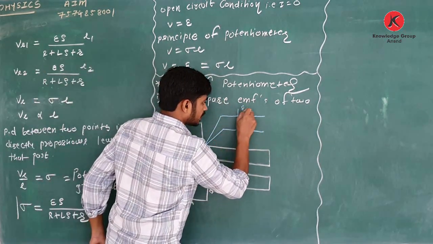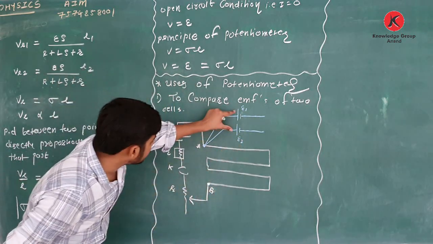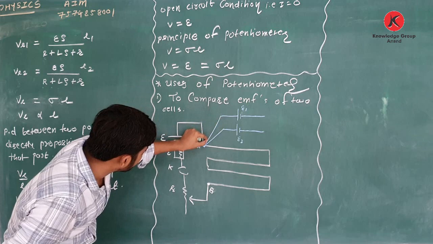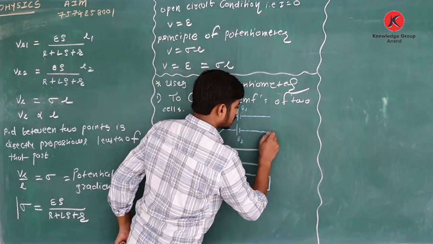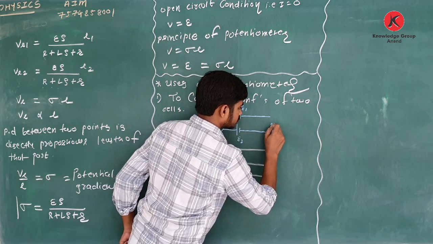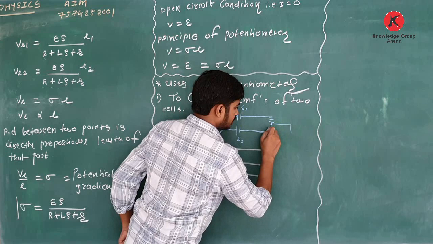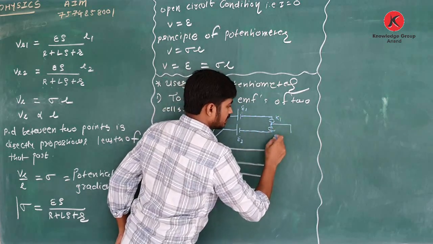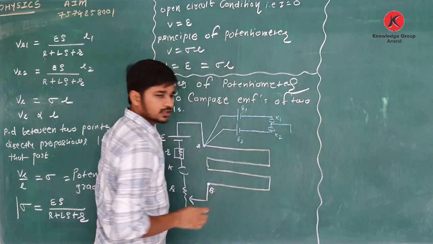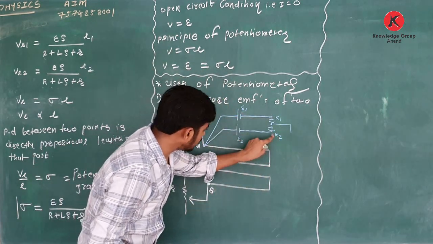Its EMF is E1, and its EMF is E2. Both cells have their positive terminal connected to point A. The other terminals are connected here. It is a key, it is also a key. Let it be key K1 and key K2. Clear about this? E1, key K1, E2, key K2.